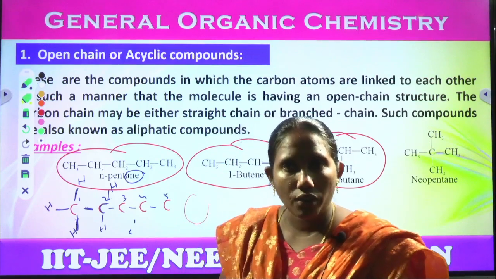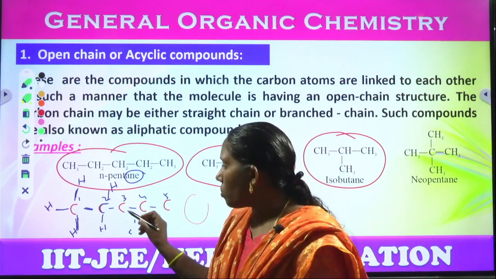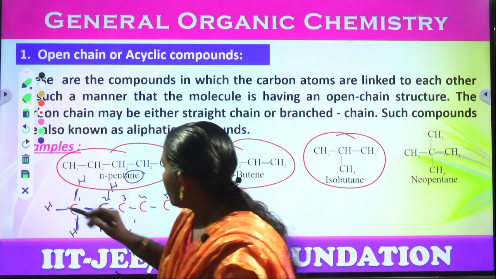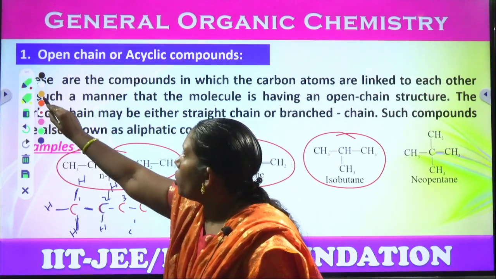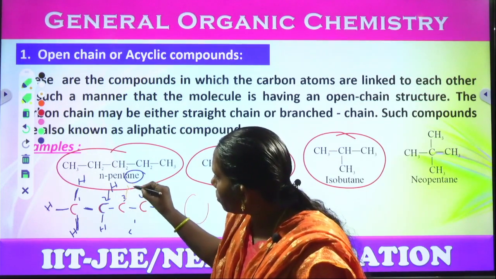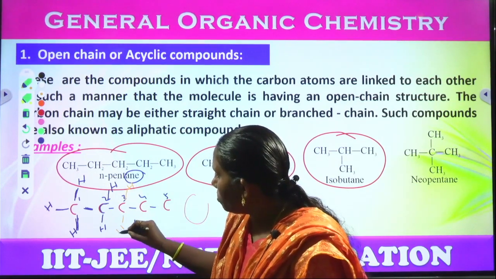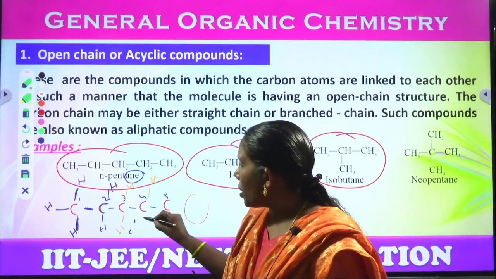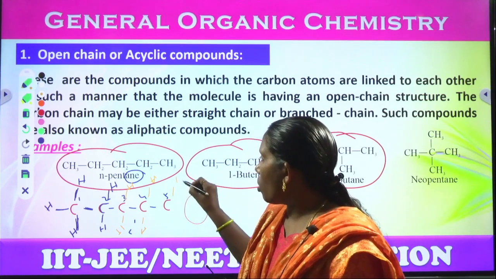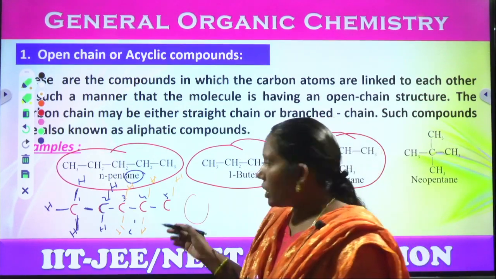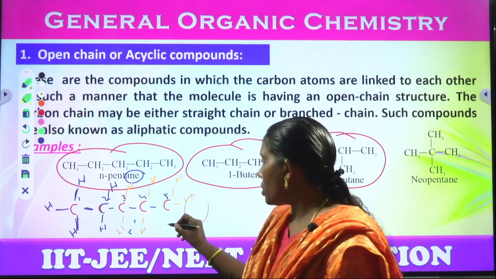Third carbon is the same as the second: it has 2 bonds and requires hydrogen and hydrogen to make 4 bonds. The same for the fourth carbon. But the last carbon has only 1 bond, so to satisfy that, we have to write 3 hydrogens.